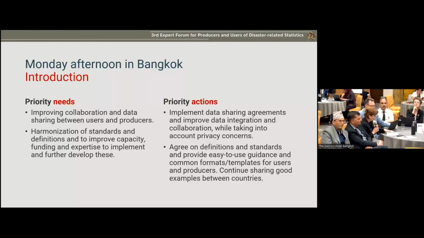The next one, improve capacities, funding, and expertise. So what do we need for that? For example, this is a country approach, a sectoral review to align important sectors of national systems with European standards, and compliance with the quality assurance framework.